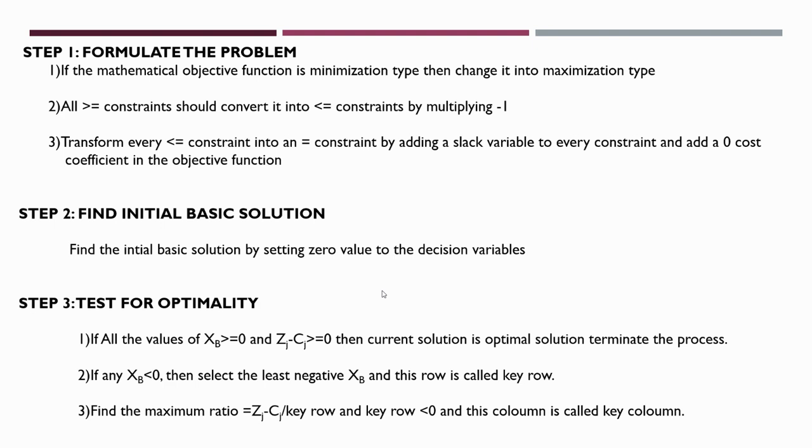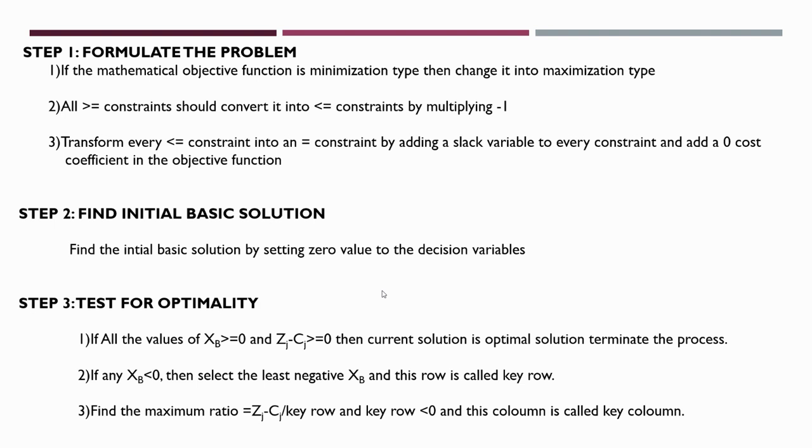While in dual simplex, first we select a row based upon the value of xb. The most negative xb is selected as the key row, and after selecting the key row, for getting a pivot element we select a key column based upon the value of Zj minus Cj divided by the key row element, where the key row element must be less than 0.